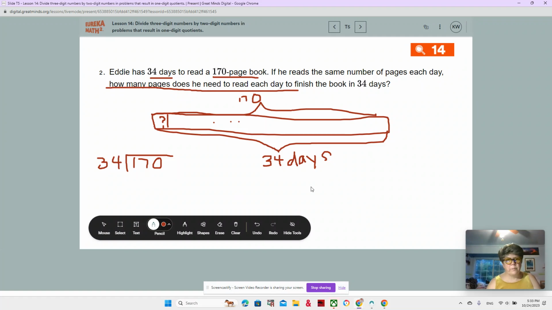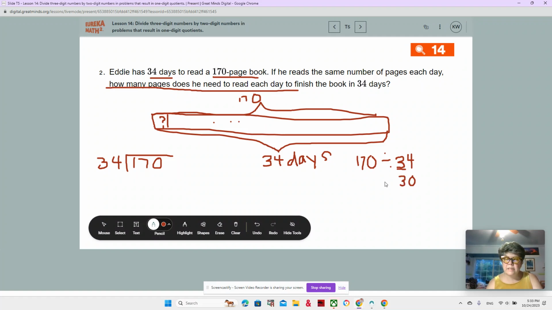Okay, and then we need to estimate 170 and 34. So think about 17 and 30. Okay, think about your times tables. Think about your 3 times tables, because this could be 30. Right? Okay.